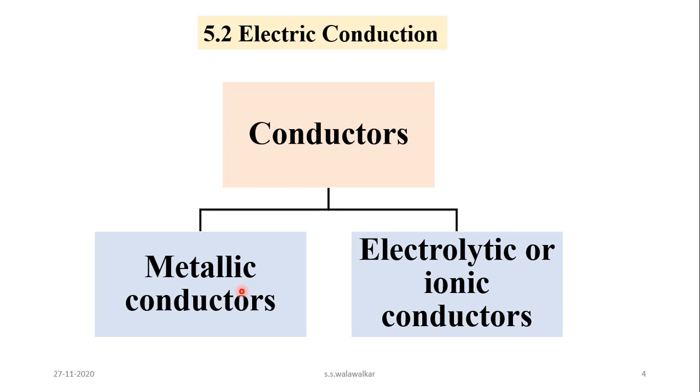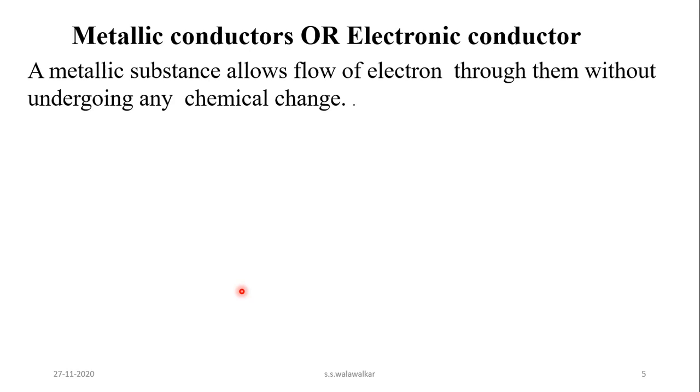So let us see first what is meant by metallic conductor. Metallic conductors are also called electronic conductors. A metallic conductor means a metallic substance which allows the flow of electron through it without undergoing any chemical change.